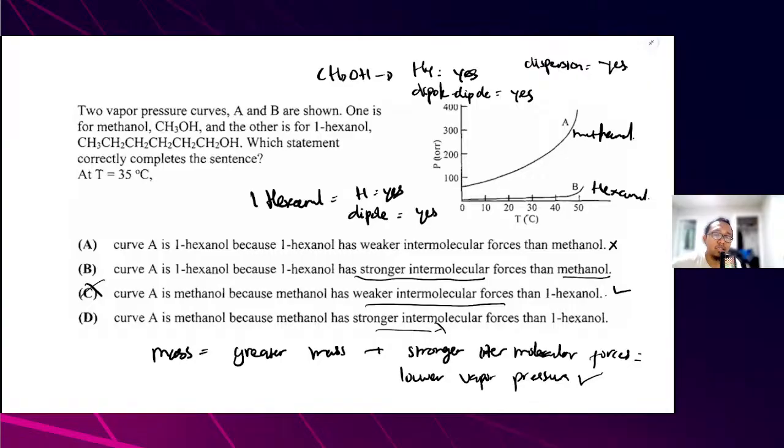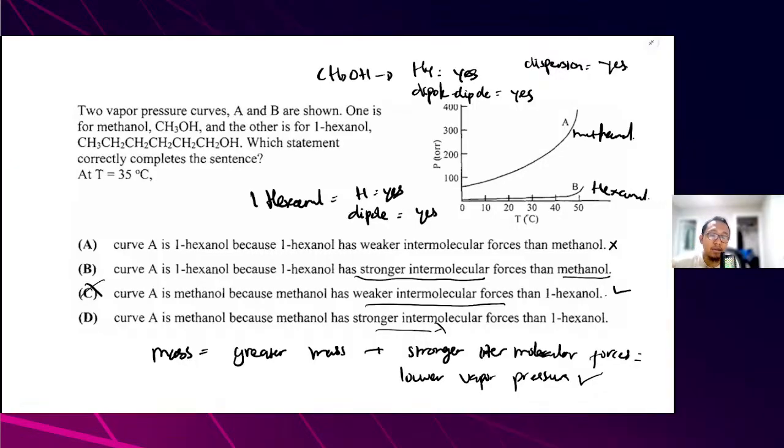So to escape one molecule will be much more difficult if we have a bigger size. To escape one molecule into vapor, it will have lower vapor pressure, because it's harder for the molecule to escape into the vapor.